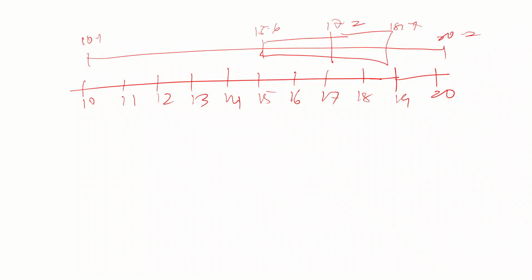So any outliers here? I think the minimum one will be an outlier. What is the interquartile range? 3.1, sir. 15.7 minus 15.6.